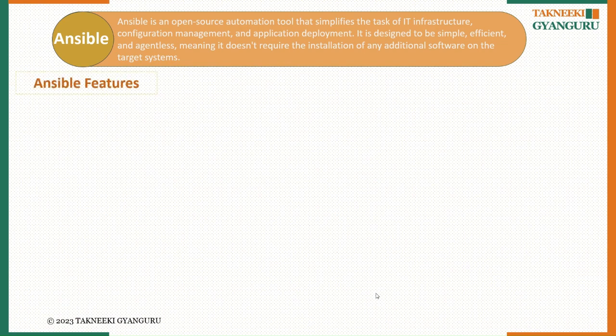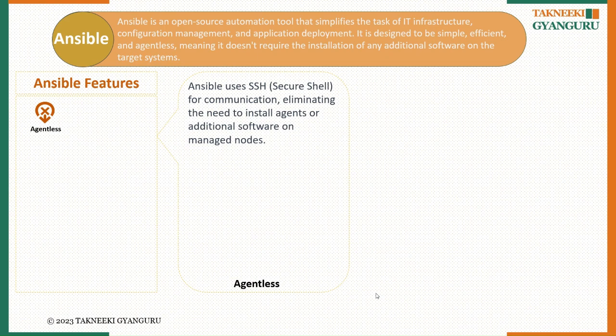First of all, we'll discuss Ansible features. So what are the features we have with Ansible? The first feature is agentless. Agentless is basically when you are configuring some nodes or machines, you don't need to install any agent on the machine.